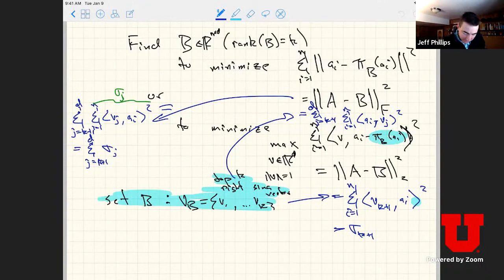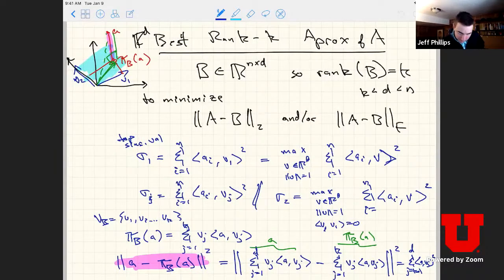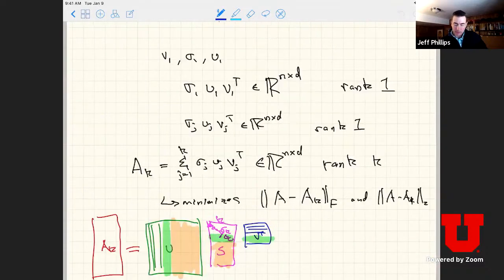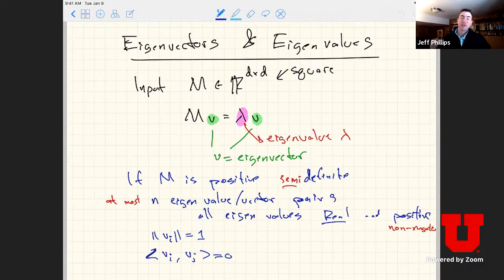For instance, there should have been a square there. Yeah, those are also squared. So the squared singular values typically show up here, but the eigenvalues typically don't need to be squared because the matrix has already been squared.